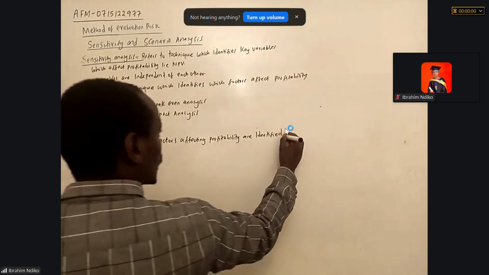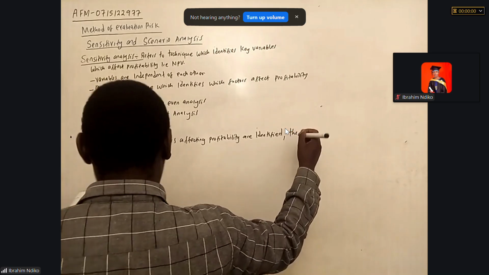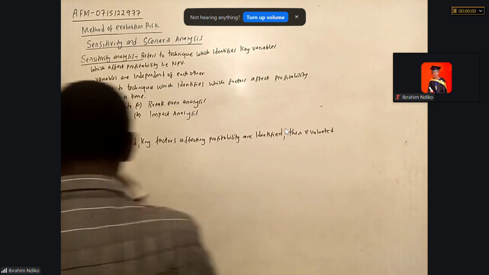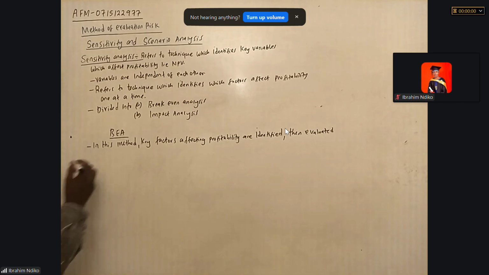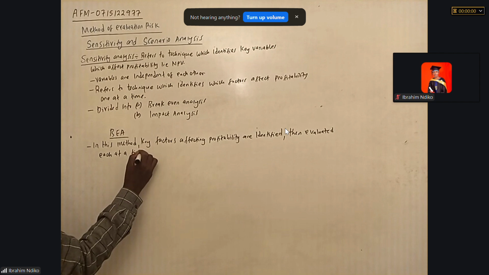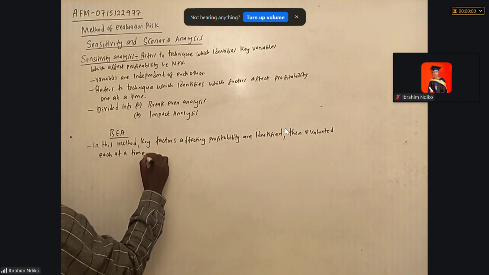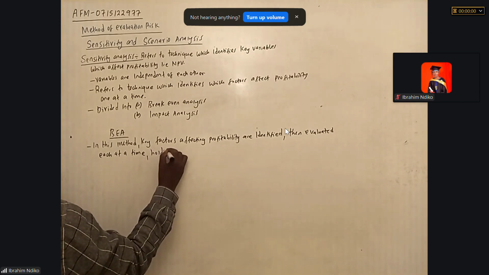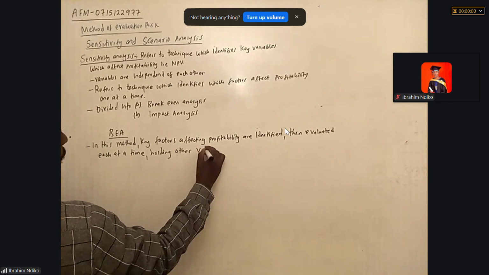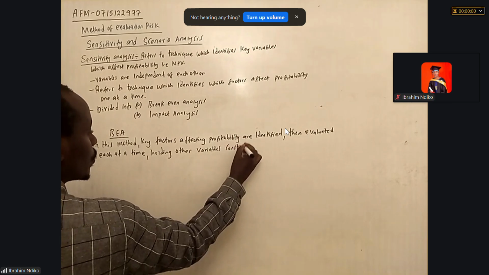Then, as I said from the definition, they are evaluated each at a time, holding other variables constant. So that was what you need to know.